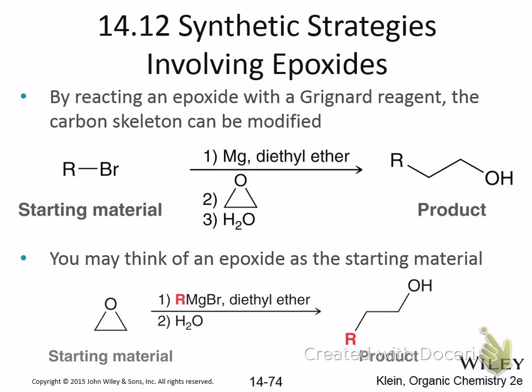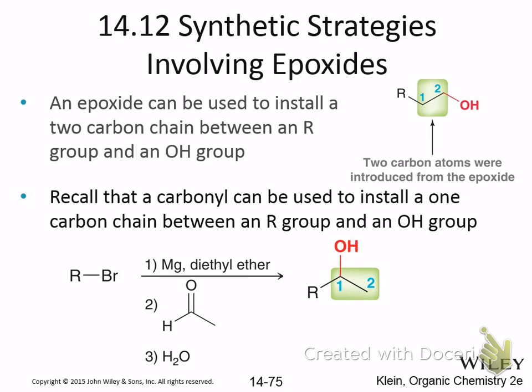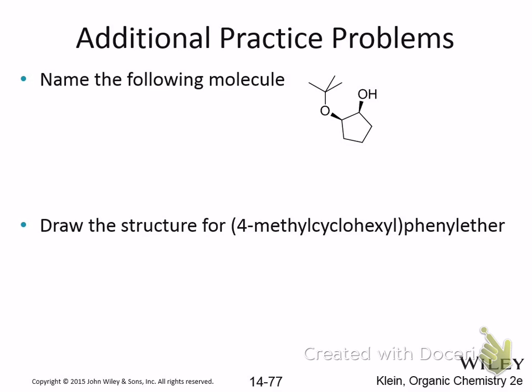Epoxides can be opened with anything, like Grignard reagent, acetylide ions, nitriles, cyanide can be added, sulfites can be added. There's a lot of different things that you could add to that. So I'll let you guys look at those sections, but yeah, skip 14.11 and then do 14.12, and 14.12 is the last section. So.